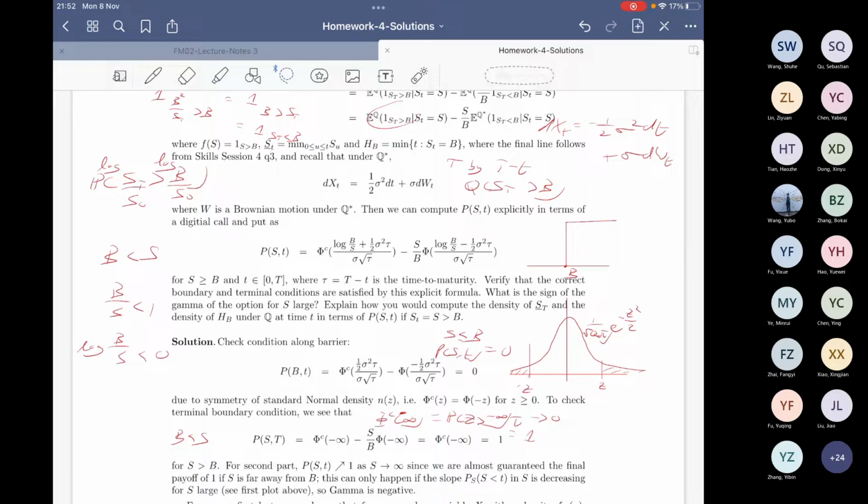Maybe it wasn't clear immediately. So you've got something negative divided by something tending to 0, which tends to minus infinity. And this term is basically irrelevant because it goes very small, whereas this does not go small.